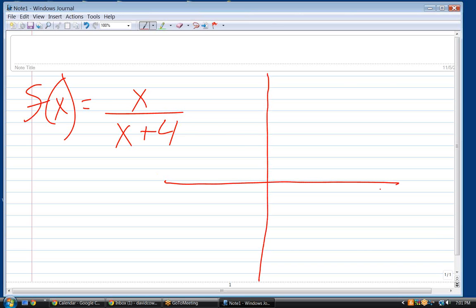The best place to start, I have found, is with the vertical asymptotes. Where is the vertical asymptote in this function? What about a horizontal asymptote? If the degree of the highest degree polynomial is the same in the numerator as it is in the denominator, then the horizontal asymptote is the ratio of their coefficients, which in this case is 1 over 1.